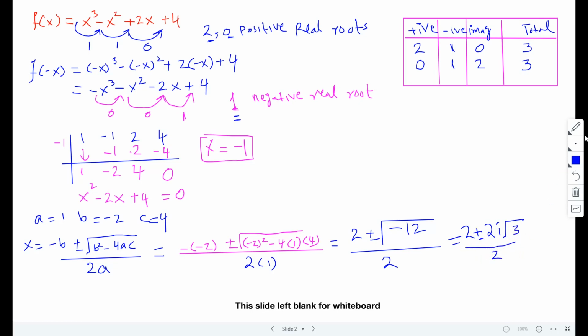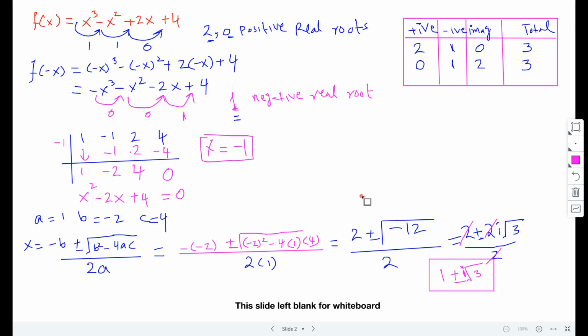Let me cancel this 2 with the 2 in the denominator. So now it will be 1 plus or minus i root 3. So these are the two answers we obtained at the end, which are imaginary numbers.